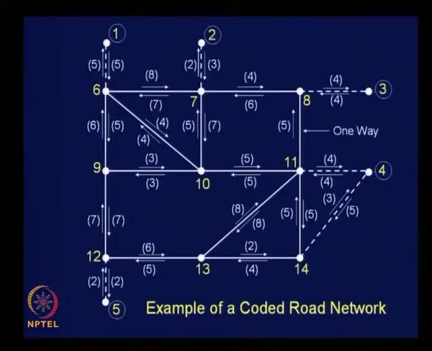Please try to capture this picture to understand the subsequent discussion clearly. Right? Now, our starting node is node 1. So, we are trying to build the minimum path tree for node 1, which is zone centroid 1.